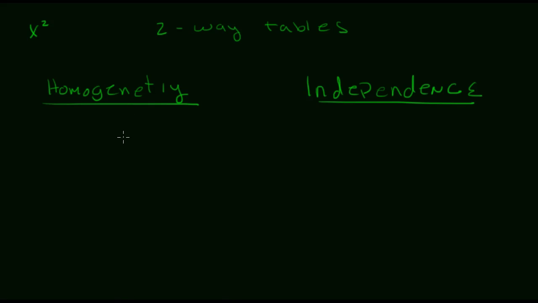Okay, so in the homogeneity thing, what we're trying to establish is that the sample is in the right proportion. Like in something like this, let's say that we were going to do something like gender versus political party, right?